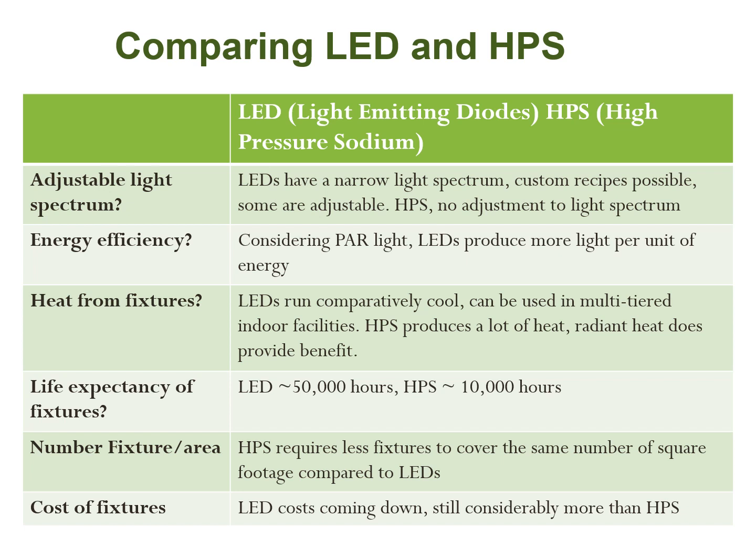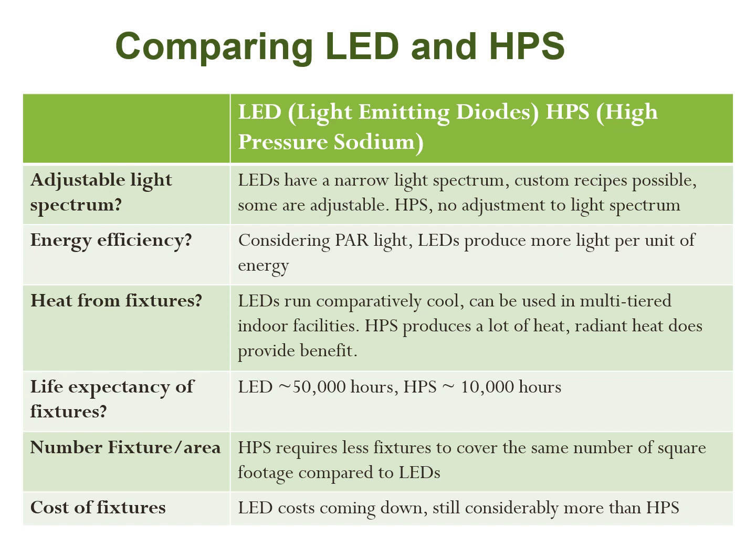Part of the reason is that each LED diode has a very narrow light spectrum, so it is possible to create custom recipes for light spectrums that meet the requirements of the crop, so we're not wasting a lot of energy creating light that those plants don't really need. With high pressure sodium, there's really no adjustment to the light spectrum, and you've probably seen the yellow, amber glow that they give off, and some of that light is not useful to the plants, so that's part of the trade-off there.